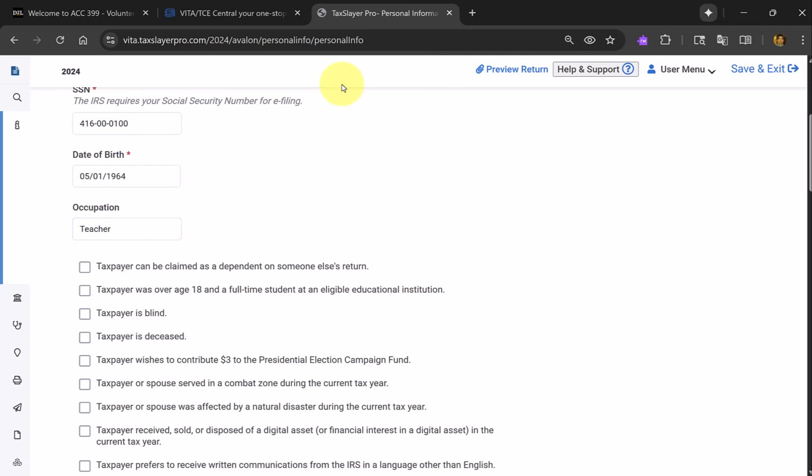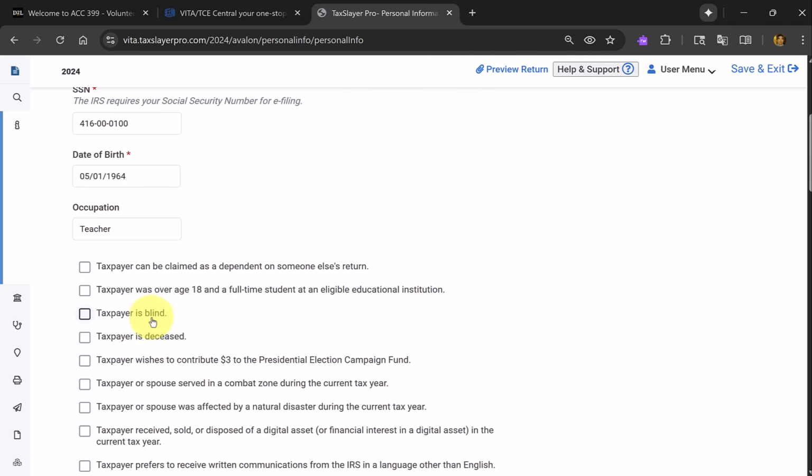Let's see if any of these apply. The taxpayer can be claimed as a dependent. That wasn't checked off. Remember, the taxpayer is claiming a dependent, Abby, but the taxpayer is not being claimed as a dependent by anybody else. Taxpayer was over age 18 and a full-time student. We're not talking about Abby, we're talking about Martin here.